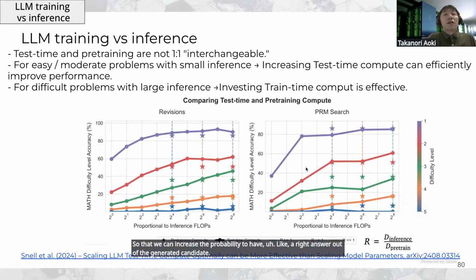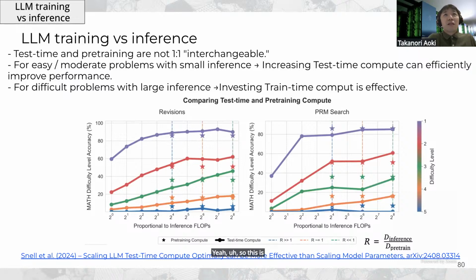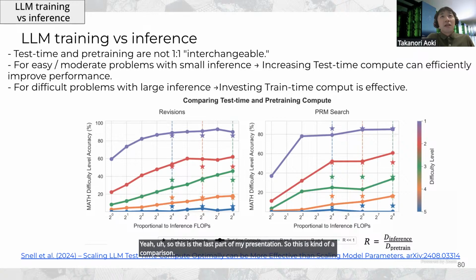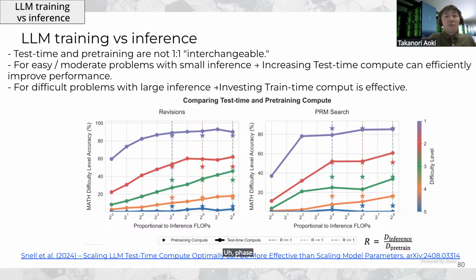Yeah, so this is the last part of my presentation. This is a comparison between LLM training and inference. This helps us think about which phase we should invest in given a fixed computation budget.